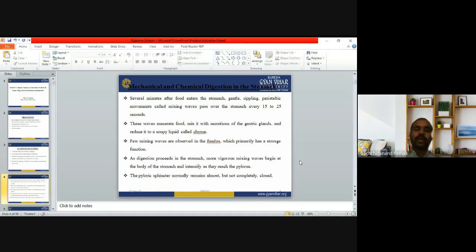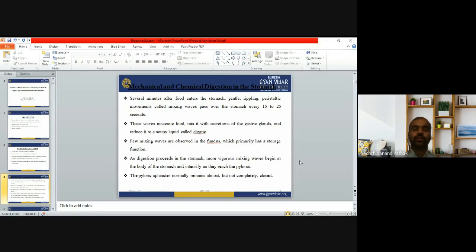When the secretion of the gastric glands is mixed with this food, it forms a soupy liquid. To make it easy: when the food is mixed with the secretion, it is called the soupy liquid, which is called chyme.